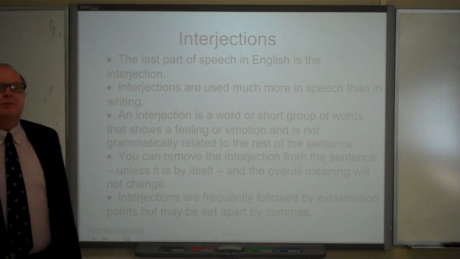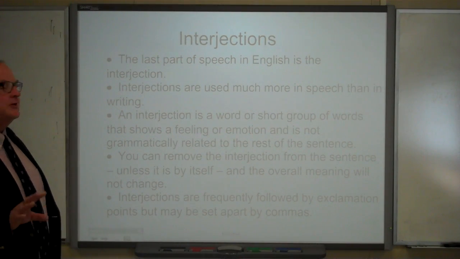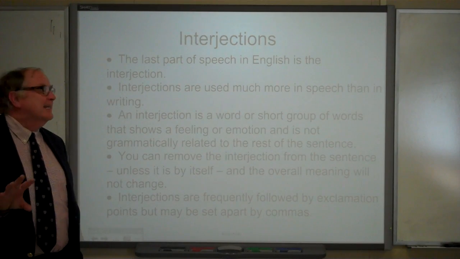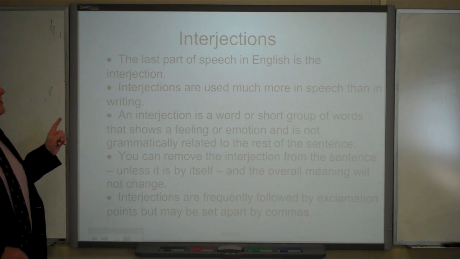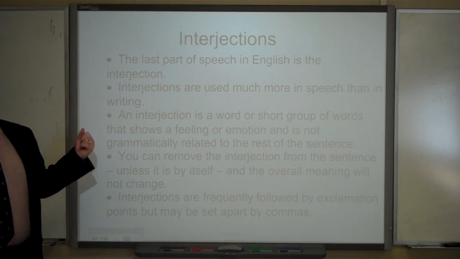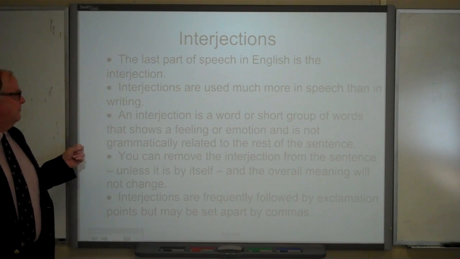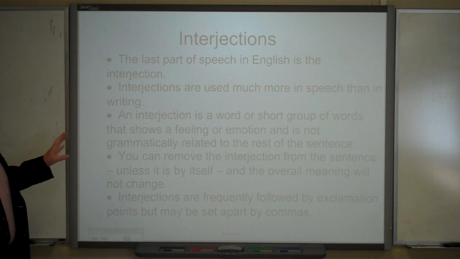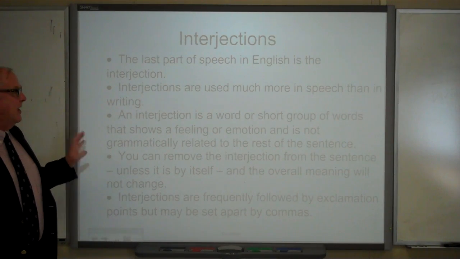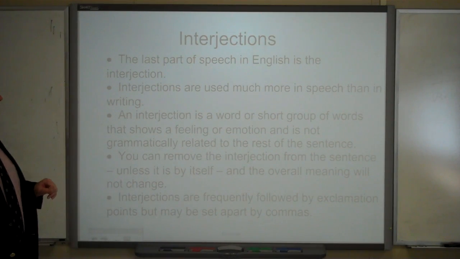Okay, the last part of speech in English we want to talk about is the interjection. Interjections are used much more in speech than in writing. An interjection is a word or short group of words that shows a feeling or emotion and is not grammatically related to the rest of the sentence.